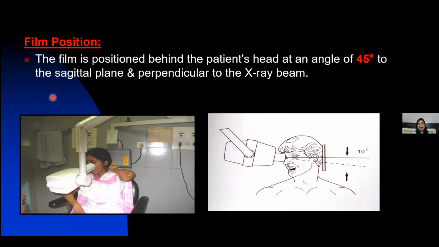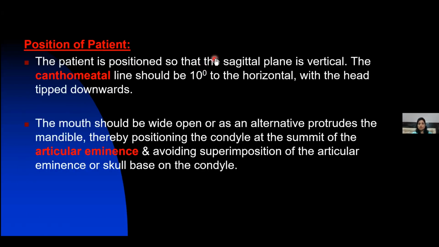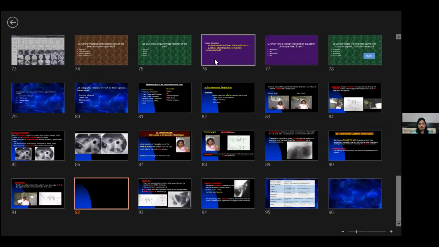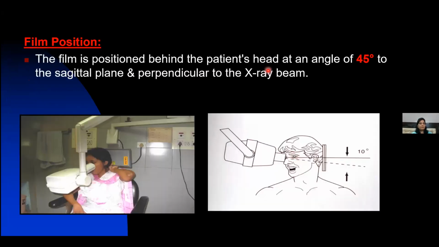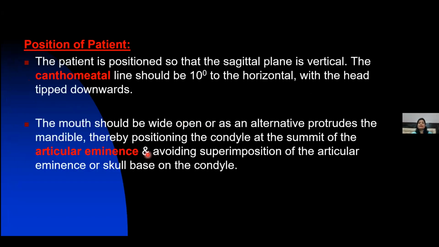Position behind the patient's head at an angle perpendicular to the X-ray beam. So basically we are placing it at 45 degrees. That is the angulation. As I've told you, if I'm studying the right TMJ, the rays will also pass through the right TMJ, the ipsilateral TMJ. So the patient is positioned such that the head is at 45 degrees to the plane, and the mouth should be wide open.